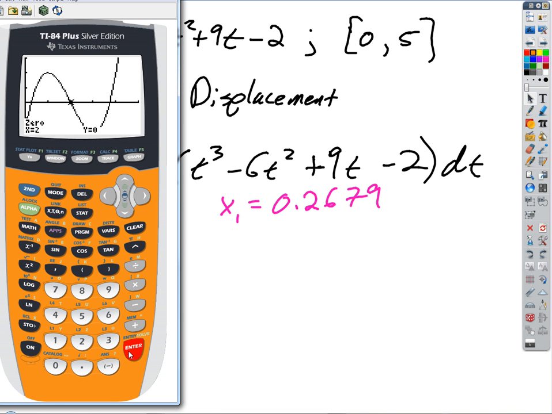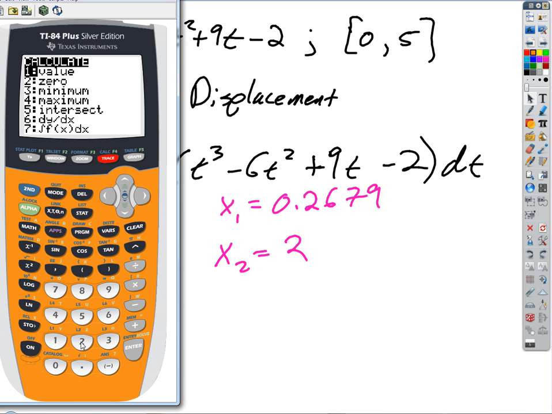Knowing that, how could we find the other ones exactly? Think about that for a second. We'll come back, and this is a good review. So we get 2, and then for the last one, what are my boundaries going to be? 3 and 4, there you go.